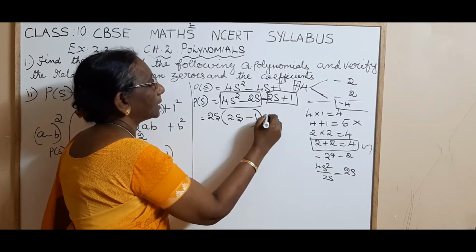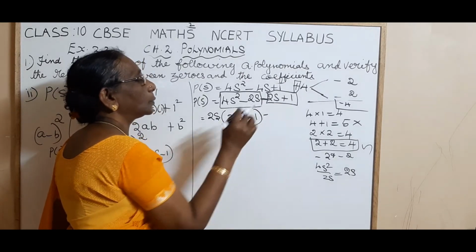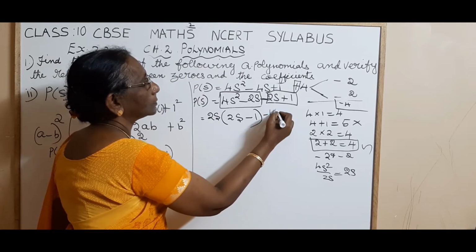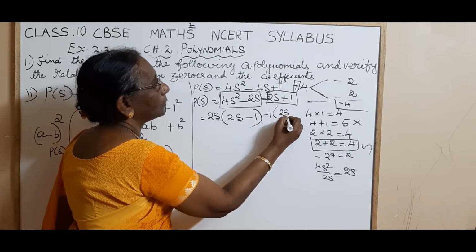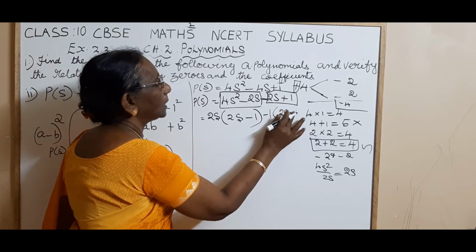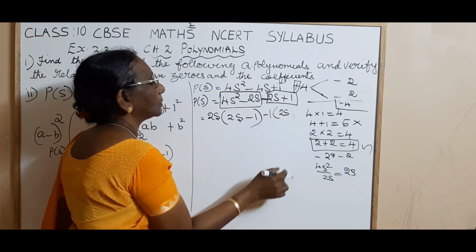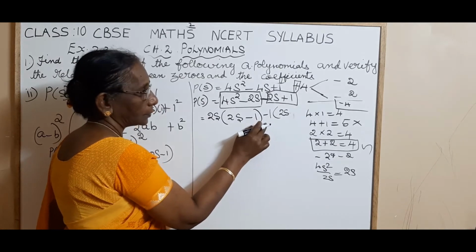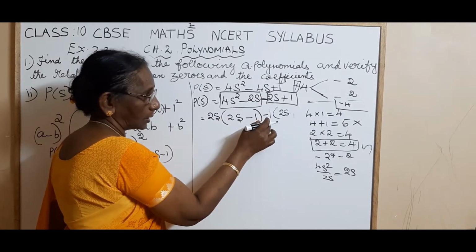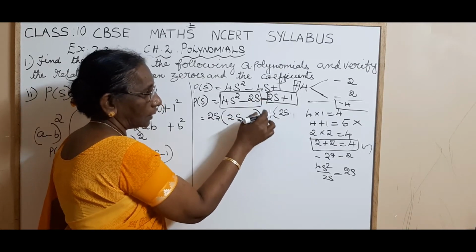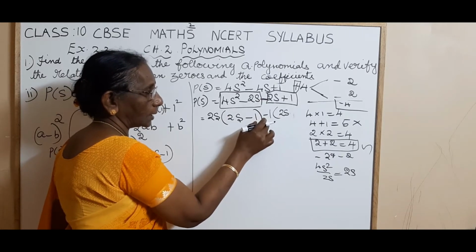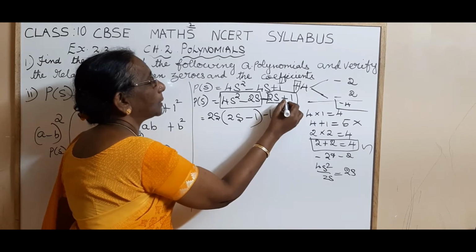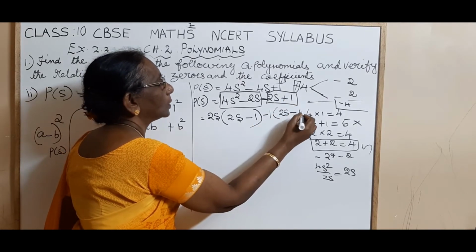When you take 2s and 1, nothing is common, so you write 1. Since you have taken minus outside, you write the same sign here. When you are taking minus, you have to change the sign, because plus divided by minus is minus 1.